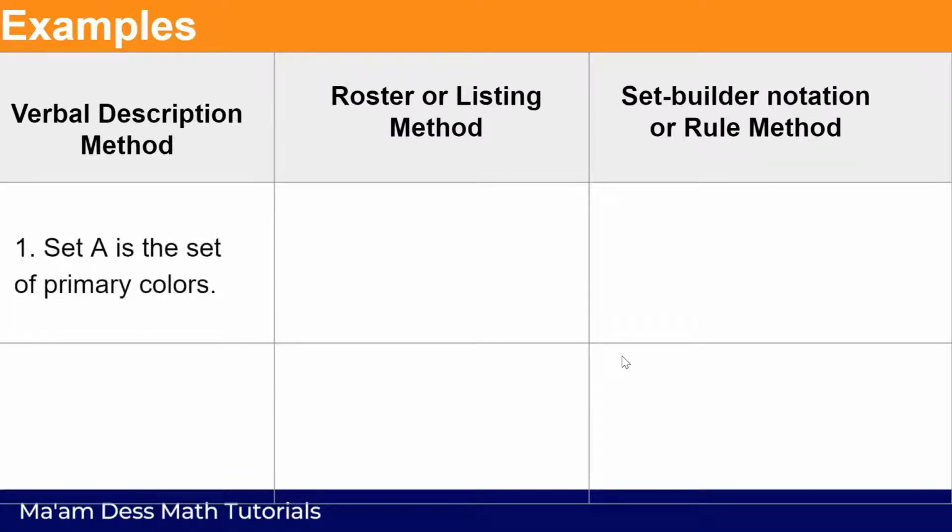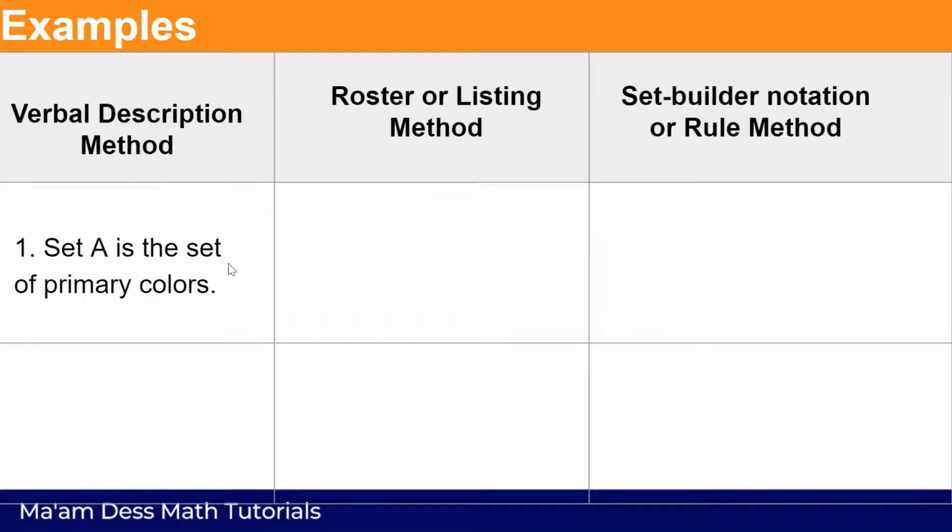Let us have our example. We have set A, the set of primary colors. So, in set A, it described that all the elements here are primary colors. So, we have the verbal description method. For the roster or listing method, you have to list down what are those primary colors. So, yun po ang ibig sabihin.